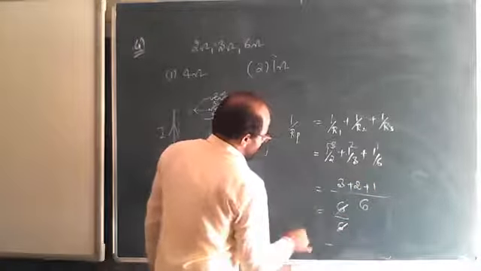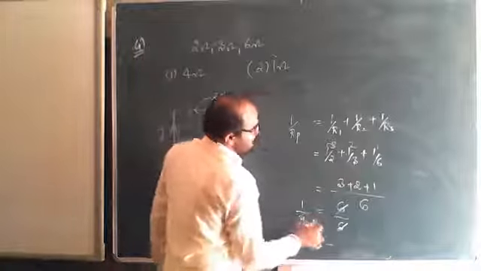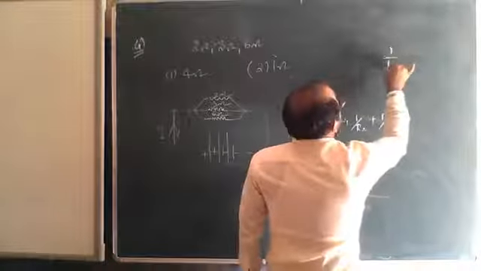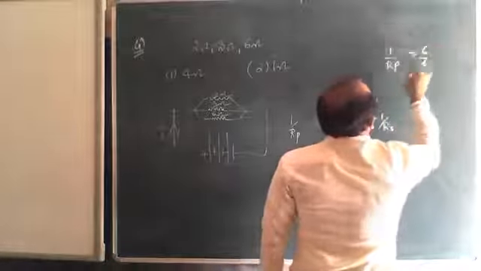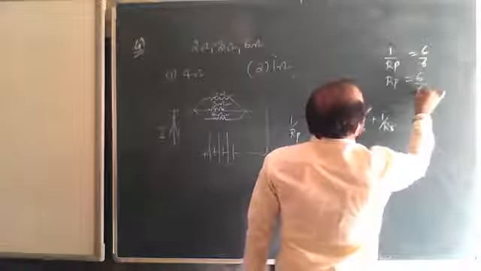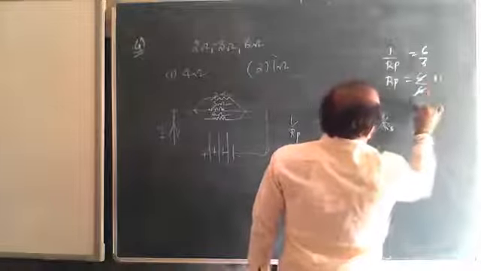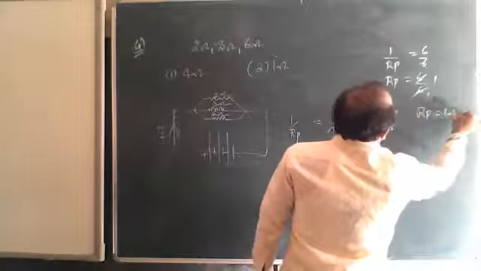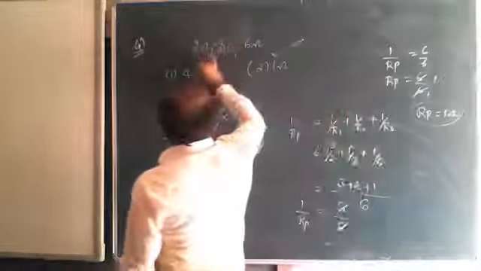So 1 by Rp is equal to 6 by 6. Better don't cancel. Rp is also, reverse, 6 by 6. So Rp is equal to 1 ohm. So we got it as 1 ohm.